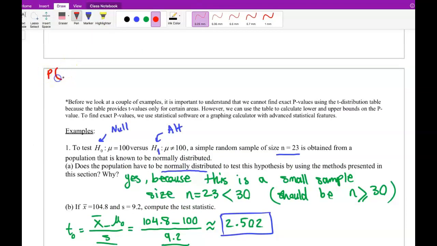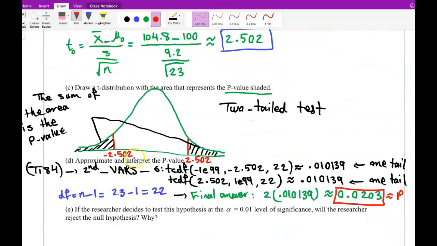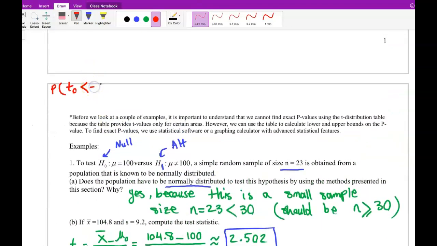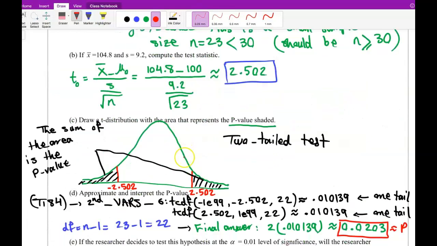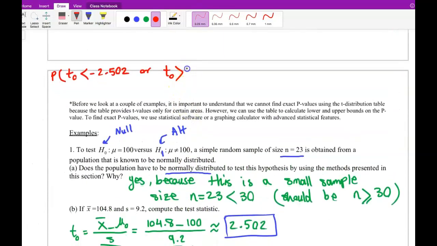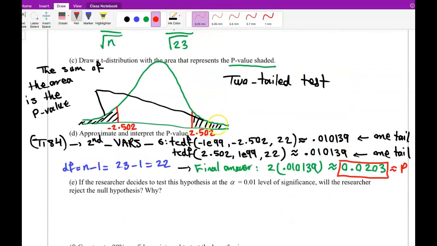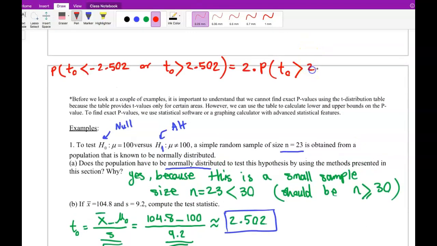When we want to find the p-value for when t is less than a value, for example here, t is less than negative 2.502, I'm using the same numbers, or when t is greater than 2.502, this is equal to 2 times when t is greater than 2.502.